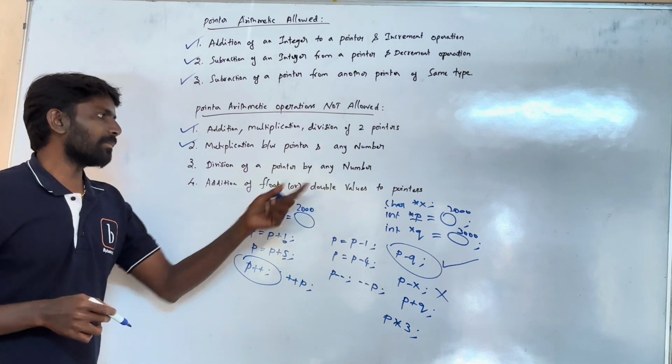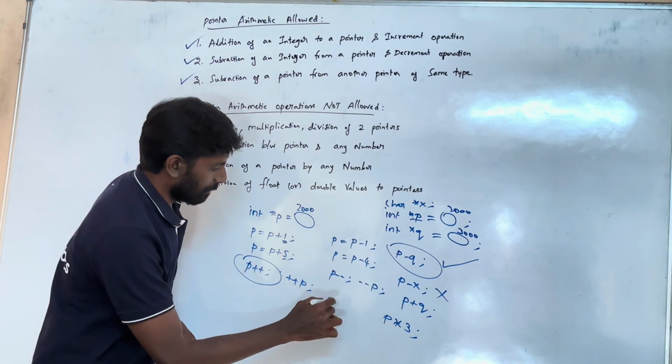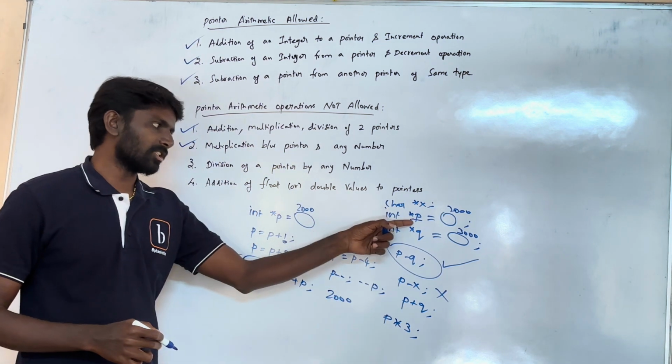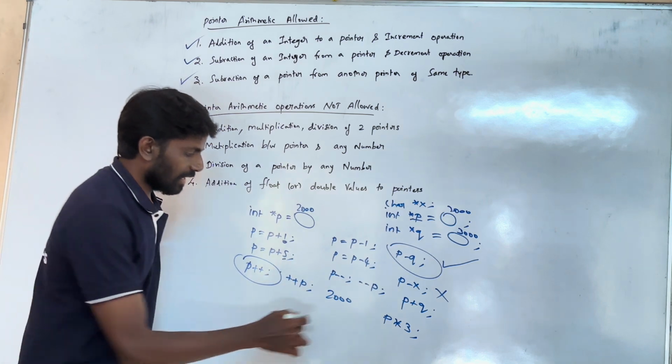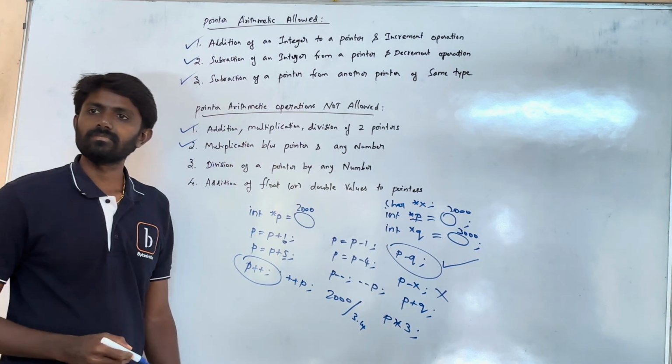Division of a pointer by any number is also not allowed. Say I have the address 2000 in p. When you divide by 3.14, what will happen?